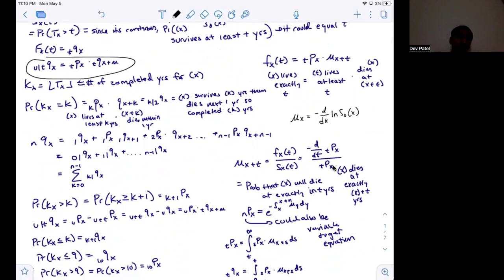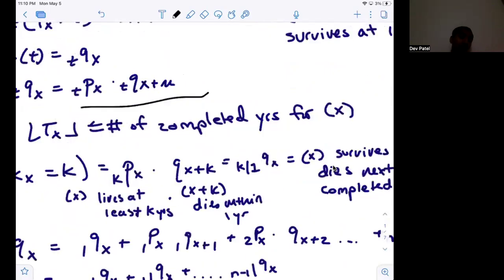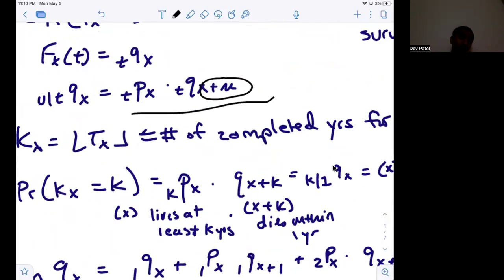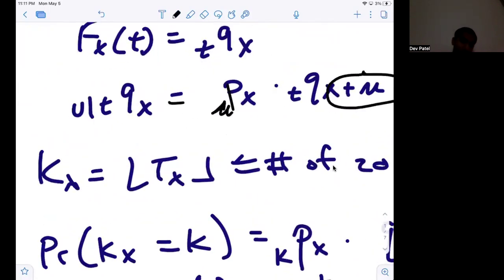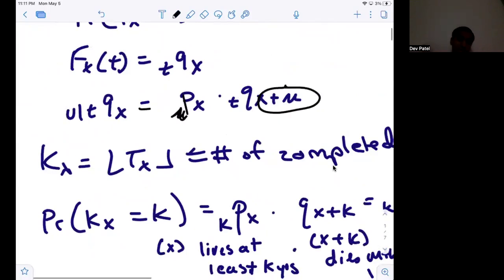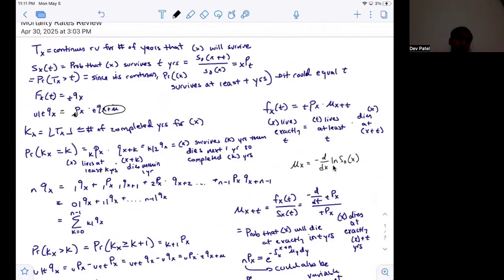So this can be broken down into the probability that an individual aged X survives the next u years, times the probability that an individual aged X plus u dies within the next t years.